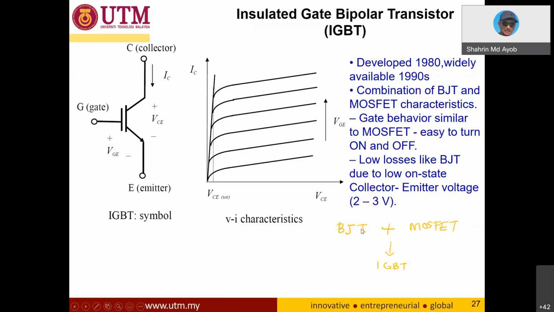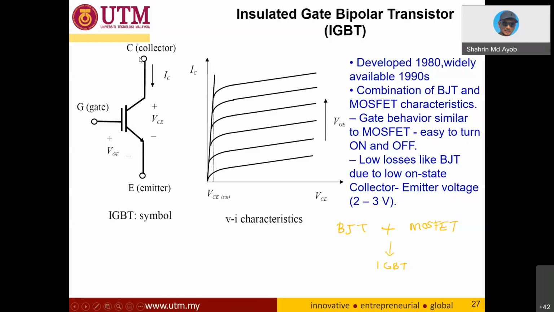Easy to memorize, because the IGBT is a combination of the advantages from the BJT and the advantages of the MOSFET. Combined together, you will have a much better transistor. As you can see, the symbol is also a combination of BJT and MOSFET. The symbol is like a BJT, but the terminal names are like a MOSFET.